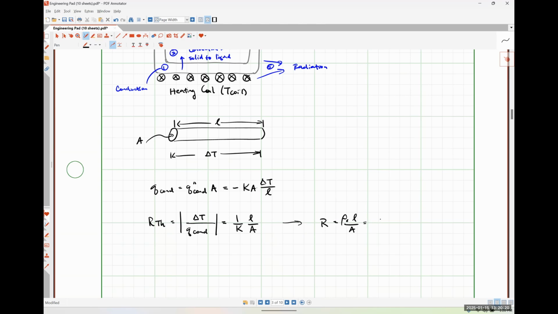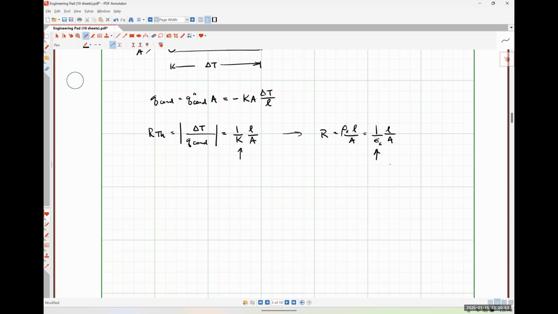So this could be written as 1 over sigma sub E times L over A. So this is our electrical conductivity that we use to calculate resistance. This is our thermal conductivity that we use to calculate heat flow. So it has the same form as resistance. So we get to treat it like a resistor, which is great because I'm an electrical engineer and resistors are easy. Okay.